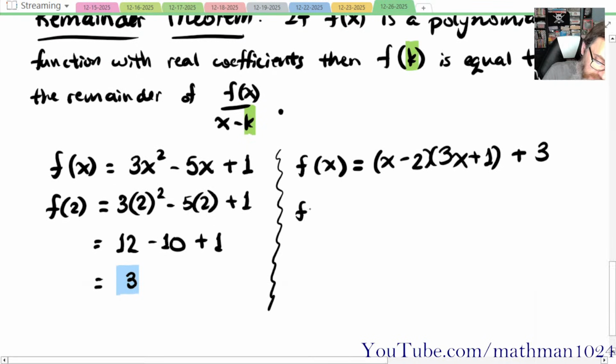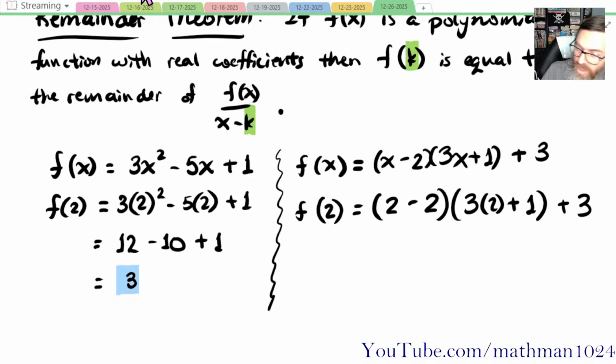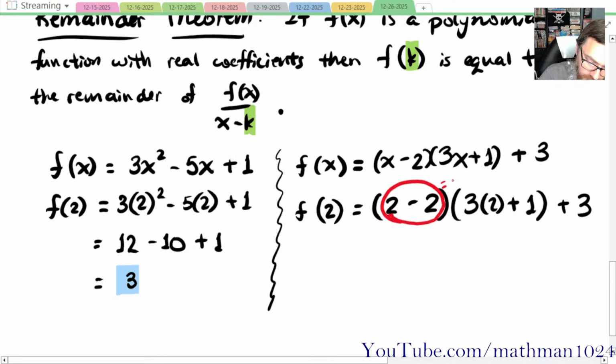So if I took that same expression, I mean, it's the same function, it's just written a little bit differently, and I say find f of 2. That means you plug 2 into x, and you do the math. But watch this. 2 minus 2 is 0.